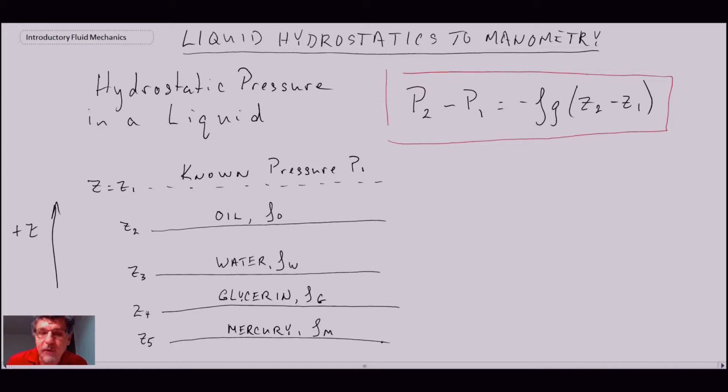Now, if we had this scenario, and you wanted to measure the pressure at the bottom here at point P5, how would you do it? Well, you'd have to look at all of the pressure distributions of all the fluids above.